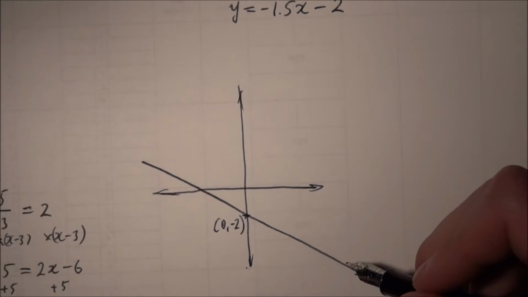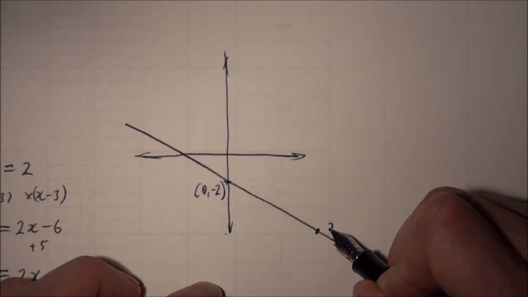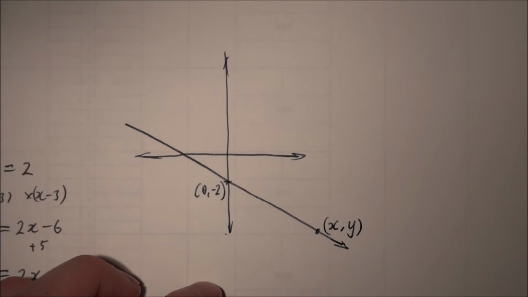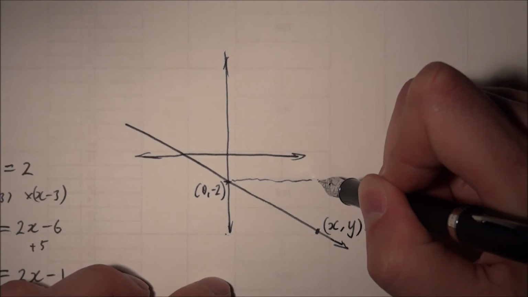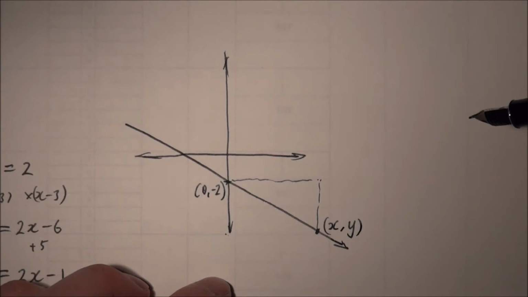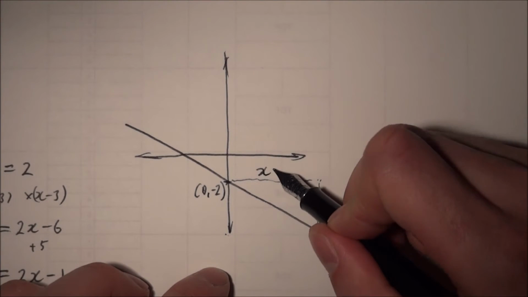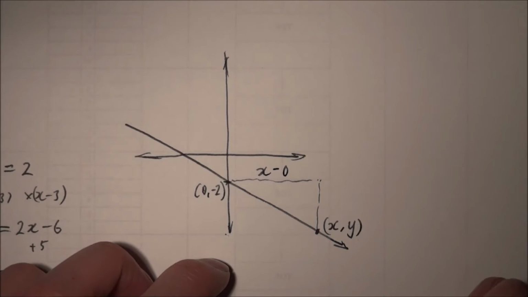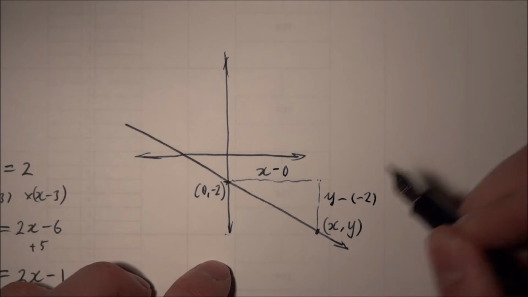So if we choose another arbitrary point, say x and y here, the run on this side is x minus 0. That's our run. And the rise is y minus -2.